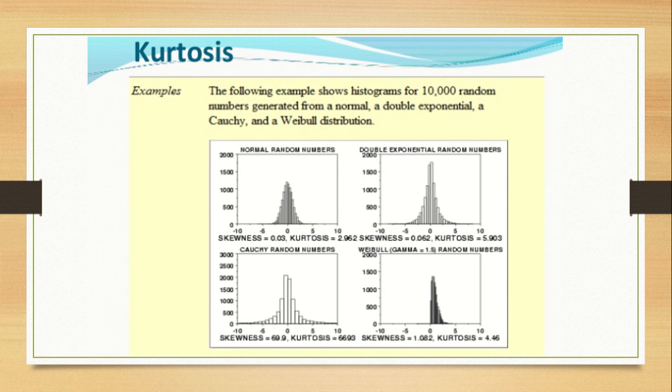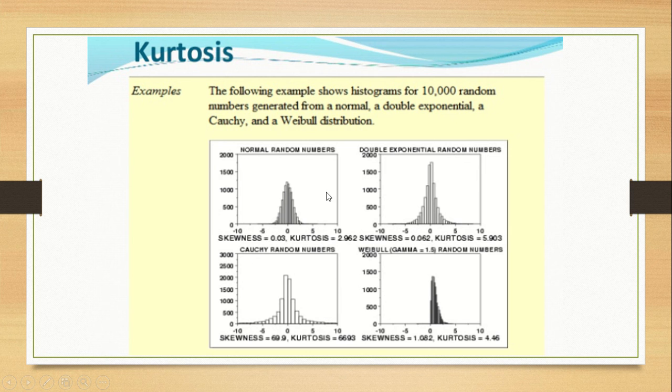So another example. The following example shows histograms for 10,000 random numbers generated from a normal, a double exponential, a Cauchy, and a Weibull distribution.